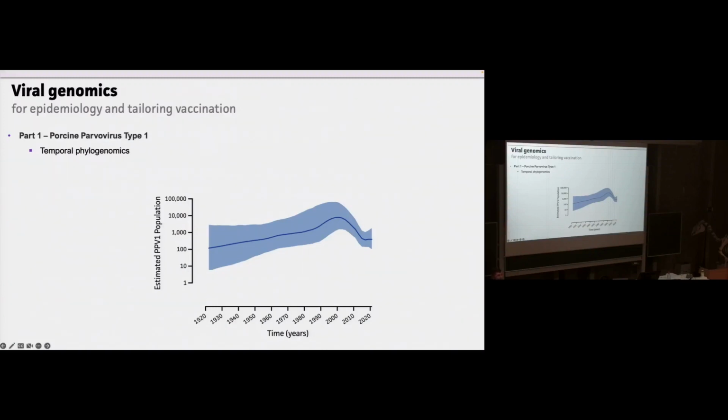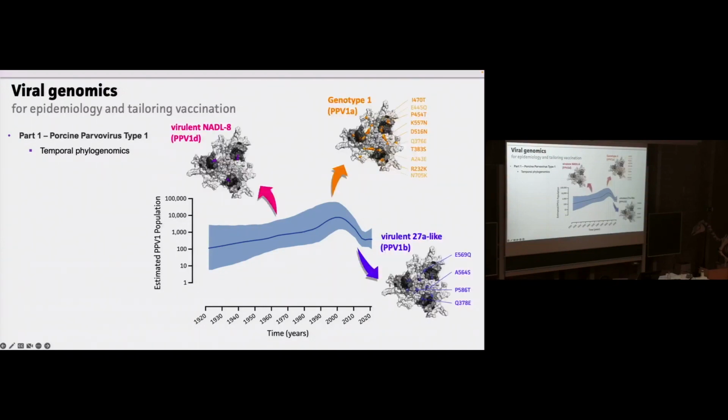By doing the metagenomics approach, by looking at the genome of the parvovirus, we could estimate how the virus evolved over time. What does this mean? We can see specific changes in the virus itself. Think about Omicron, think about Delta. It's the same kind of story. We have specific mutations that are associated with, for example, escape from vaccination.